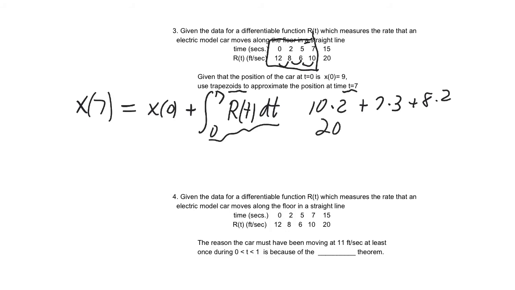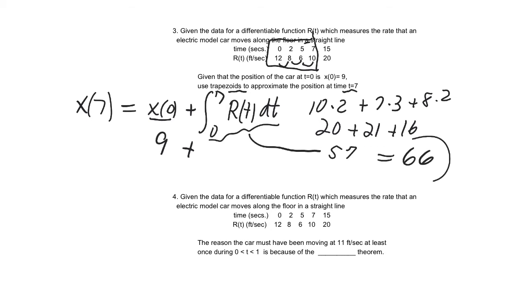So that's 20 plus 21 plus 16, which is 57. 57 is the approximation of that integral, and then you're going to add to it the position at time 0, which was 9. And so the answer, if you do this all out, would be 66.